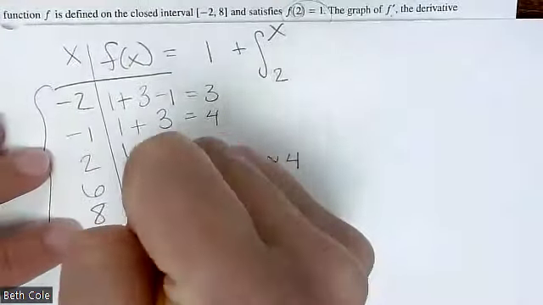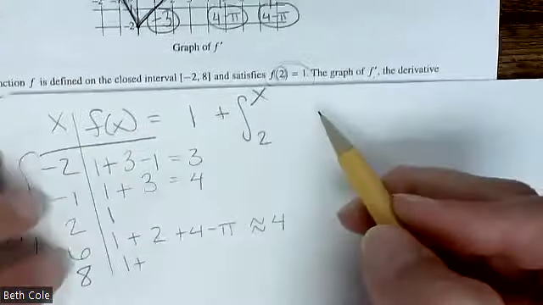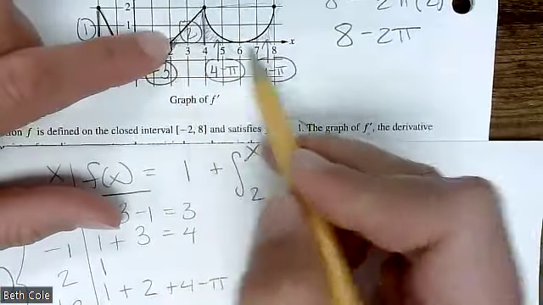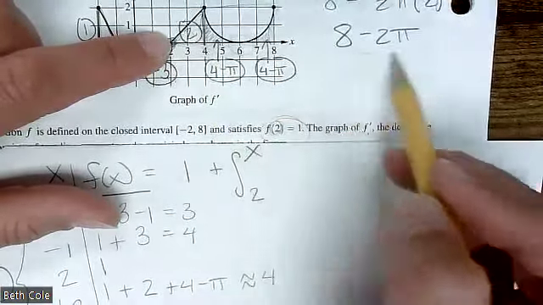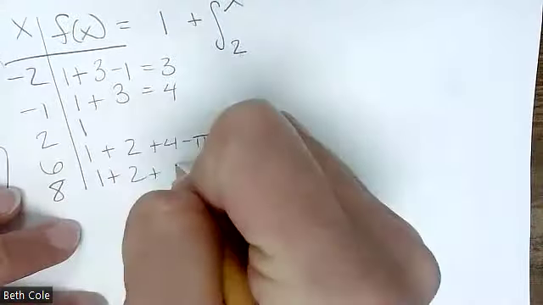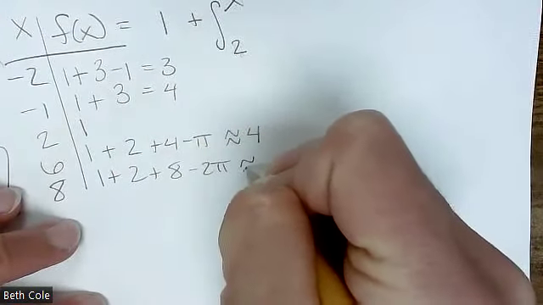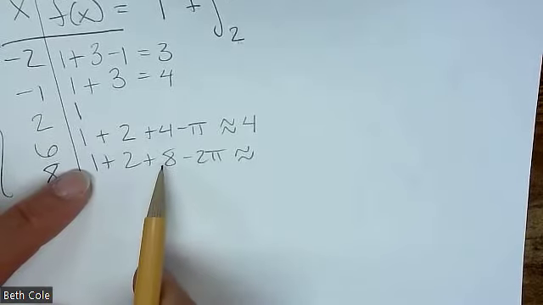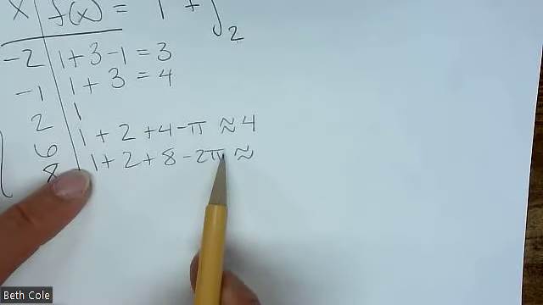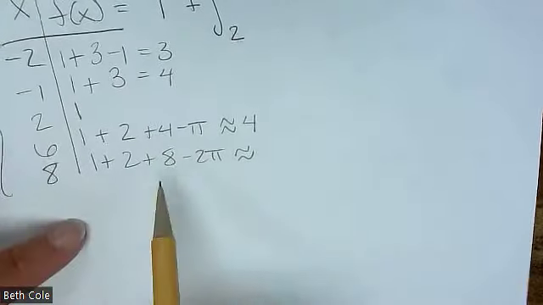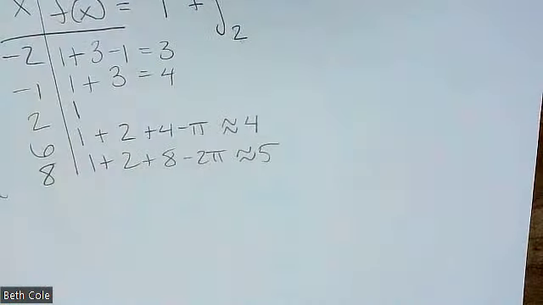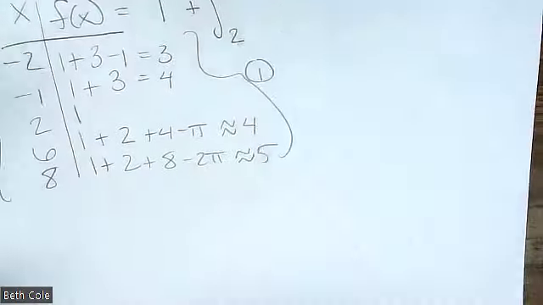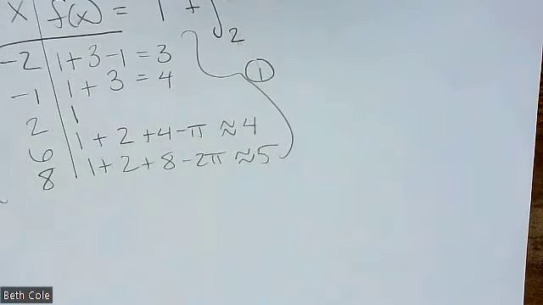And then 8. We're going to do 1 plus the integral from 2 to 8. So from 2 all the way to the end, that would be 2 plus 8 minus 2. You guys were with me on that. So that would be 1 plus 2 plus 8 minus roughly 6, about 5-ish. Oh, and that was worth a point, doing all of that. That's your justification as well.